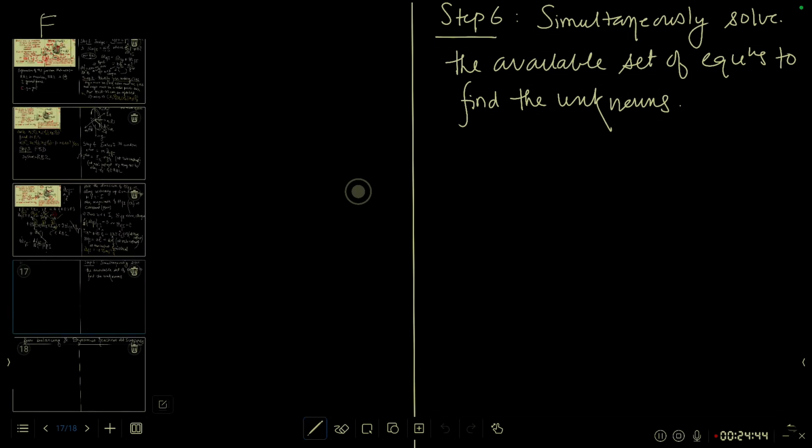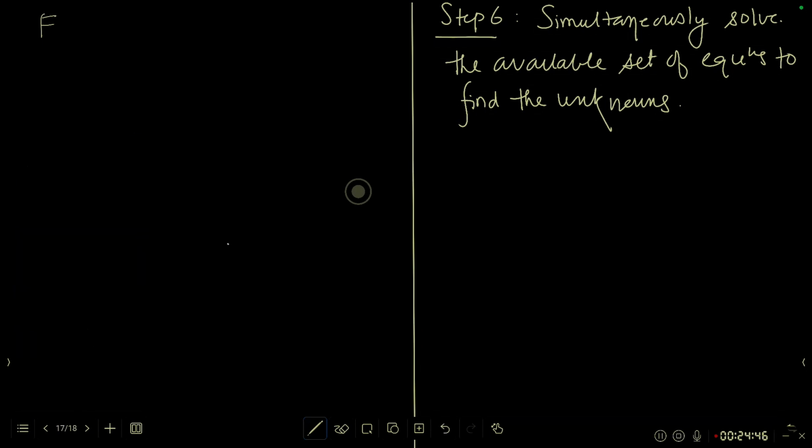FR minus mg2 is mass times minus 11.25 meters per second square.